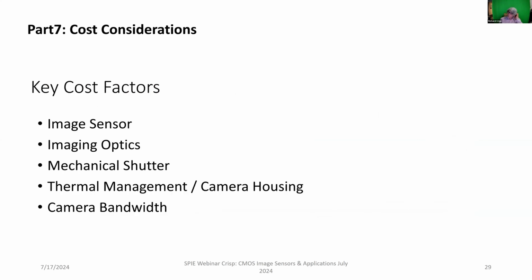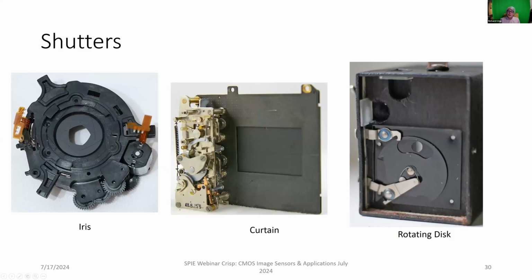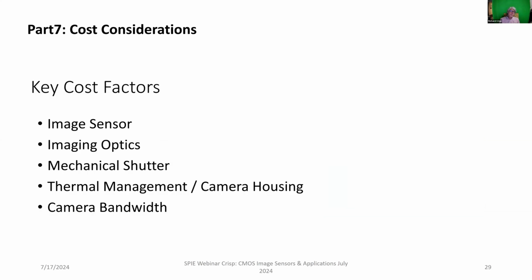The last portion of this is going to be really talking about cost factors and some of the design considerations. Shutters can add a lot of cost to an image sensor or to a camera, and there are different kinds of shutters: an iris, a curtain, or a rotating disc. Also, the imaging optics are typically a very costly aspect of the camera.